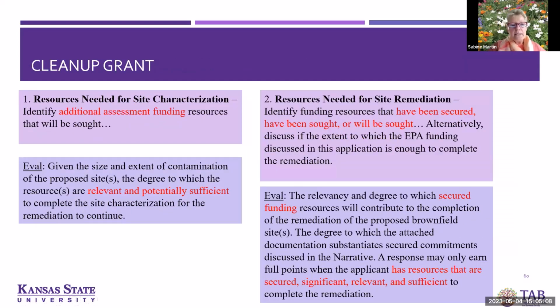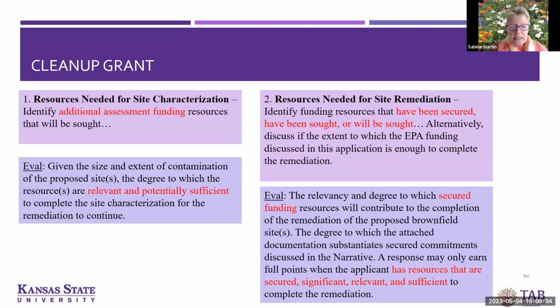So for the cleanup grant, it looks a little bit differently. Basically you have 3 parts, and on this slide there are 2. EPA wants to know the resources that you can access that are needed for site characterization. So if you need to characterize your site more, meaning there need to be additional site assessments done to really know where is the contamination, where could it potentially go, what do you have, how much do you have, then you need to address this.